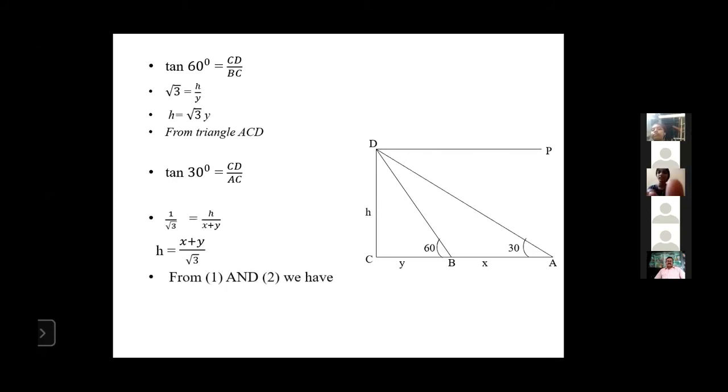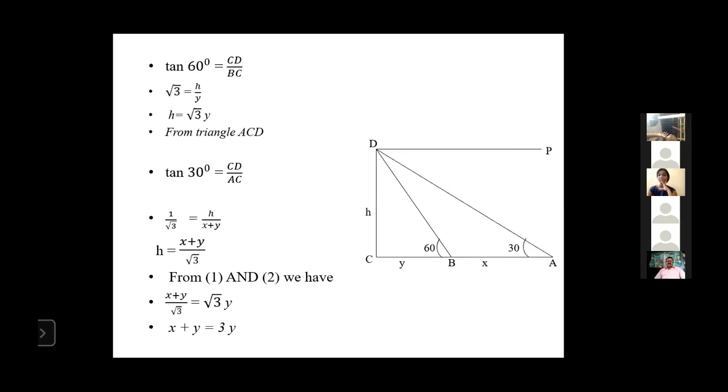From equations 1 and 2, we get x plus y by root 3 is equal to root 3 y. Now, send this root 3 to the RHS. Root 3 into root 3 is 3, so we get 3y. x plus y is equal to 3y.